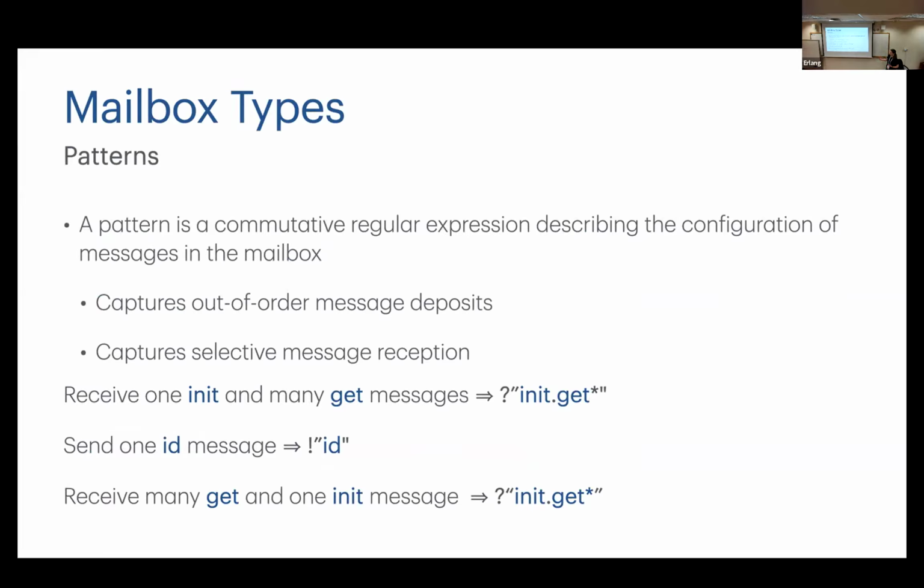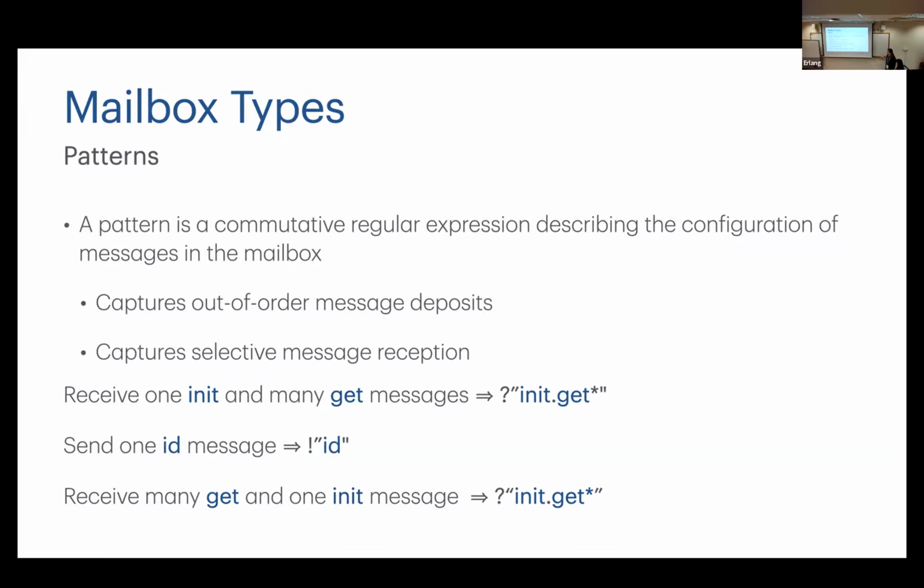For example, if we think about the ID server that we saw previously, receiving one init and many get messages is represented by question mark init dot get star, where star means zero or many get messages.